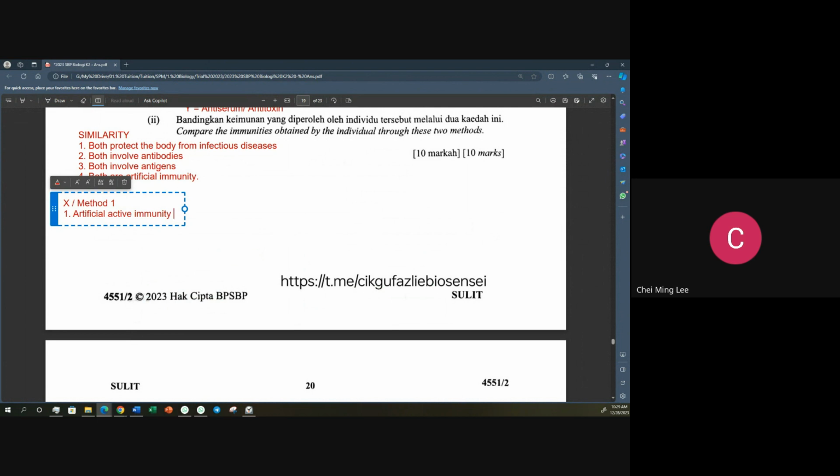Next, the vaccine. Vaccine is a suspension of pathogens that are weakened, or dead or non-virulent, meaning that they become non-active.